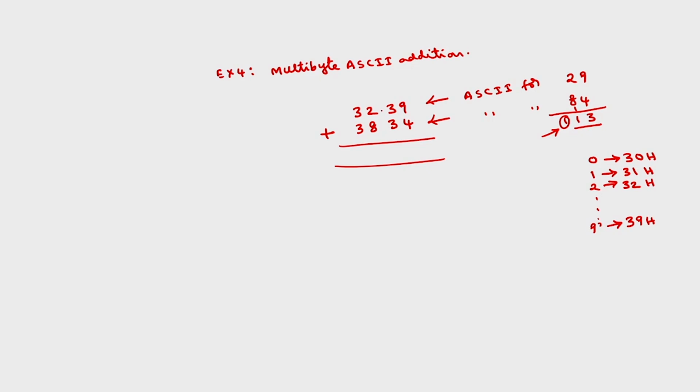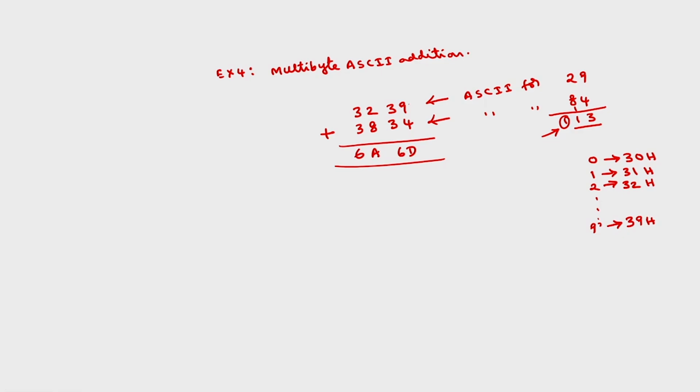If I give this data to this microprocessor, it will assume that these are hexadecimal numbers, and what result will you get? 9 plus 4 is 13, which is D, and you will get 6A 6D, but I want the result as 13.